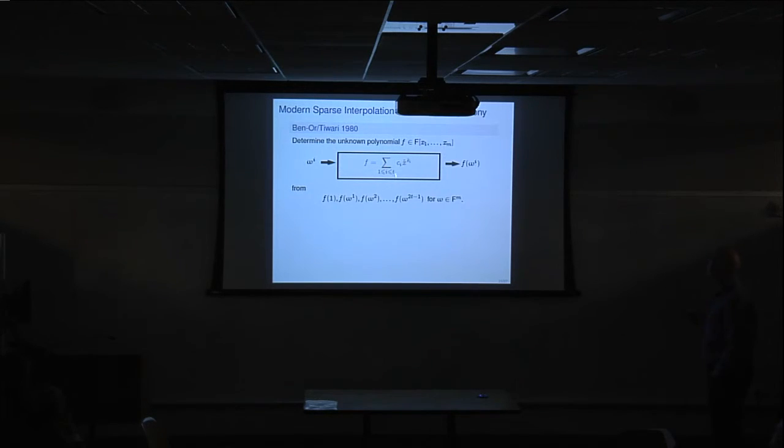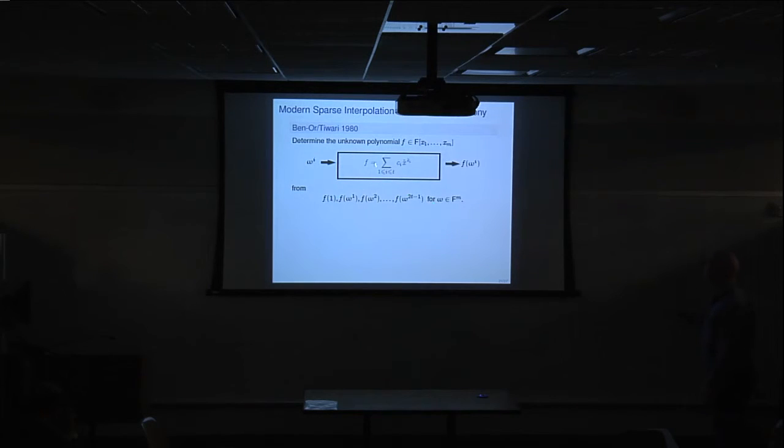You put in some point and you get out f at that point, and the point you put in is omega to the power of i. For a multivariable vector, to the power of i means raising each entry to the ith power. So if it's 2, 3, then you do 2 squared, 3 squared, 2 cubed, 3 cubed, 2 to the 4th, 3 to the 4th, and you look at these powers of omega.